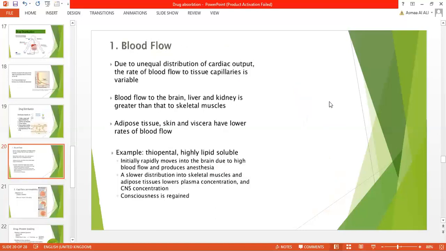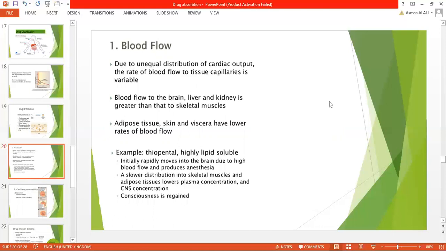For blood flow, due to unequal distribution of cardiac output, the rate of blood flow to tissue capillaries is variable. For example, blood flow to the brain, liver, and kidney is greater than the blood flow to skeletal muscle. Adipose tissue, skin, and viscera have lower rates of blood flow.